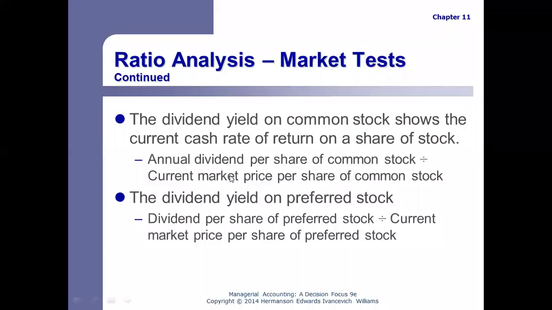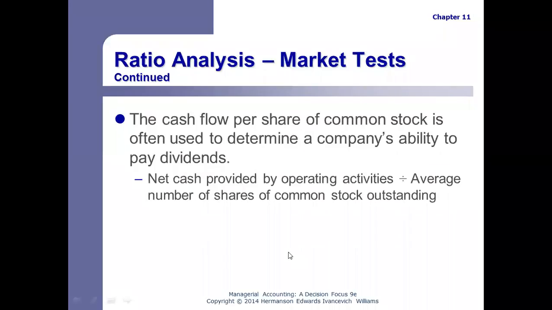Low dividend yields don't mean it's a bad company. Remember, dividends are profits that are paid out to shareholders and that are not kept in the company in the form of retained earnings. So this is used to determine, if I buy this stock, how much will I get back in the form of dividends? But it's just an indication of the financial strength of a company.